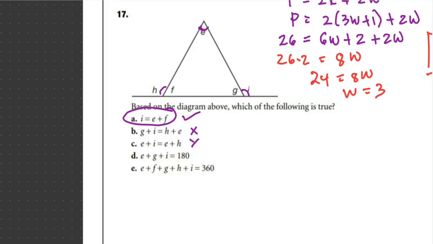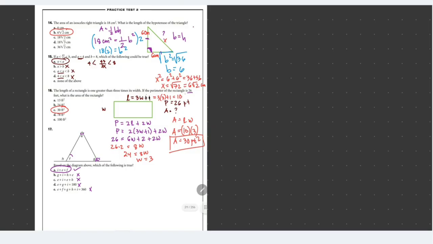We're not given the values. Then E plus G plus I is 180. We don't know that either. Then E plus F plus G plus I is 180. Okay. We don't know that. All right, so the only answer here is letter A.